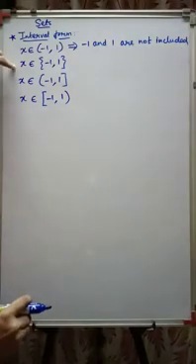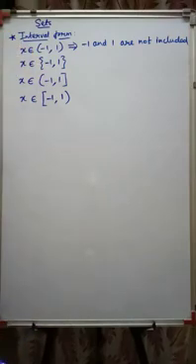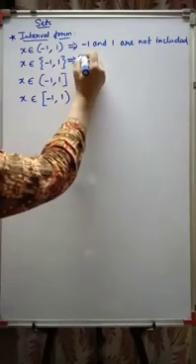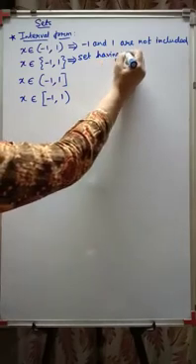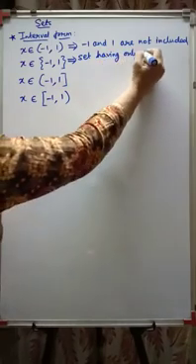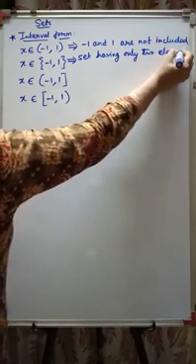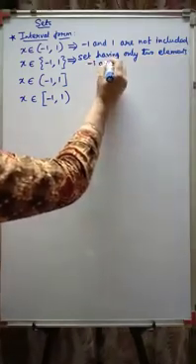What do you mean by x belongs to the curly bracket {-1, 1}? It means a set having only two elements, -1 and 1.